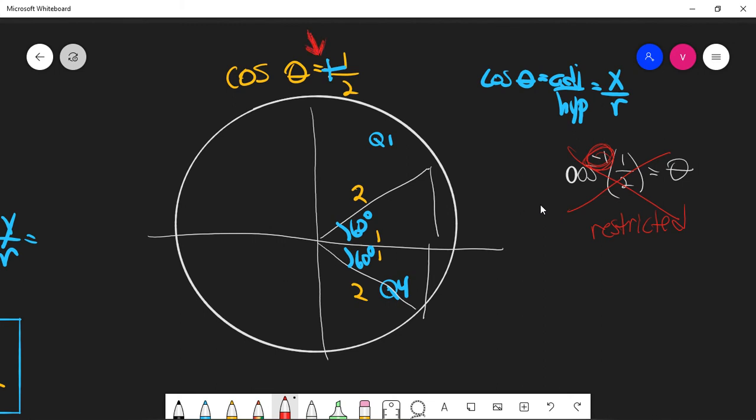They want to know every single place on the unit circle for all history where the cosine would equal 1/2. That would be from 0 to here, and from 0 all the way around. As you see, there's no restrictions. You can go anywhere you want to, in the positive direction or in the negative direction.